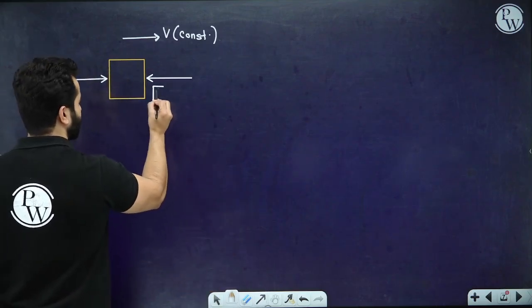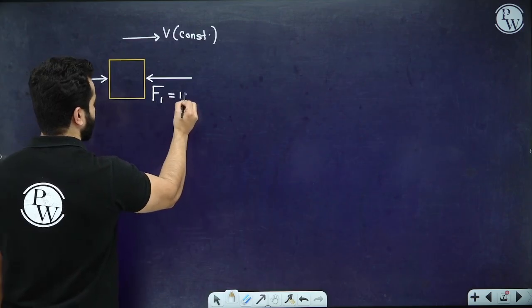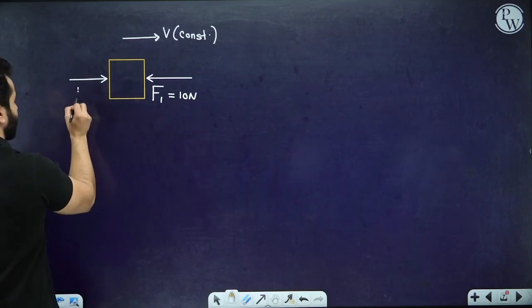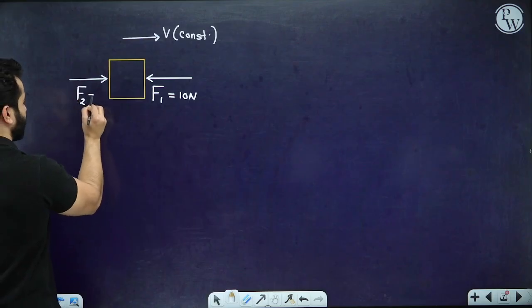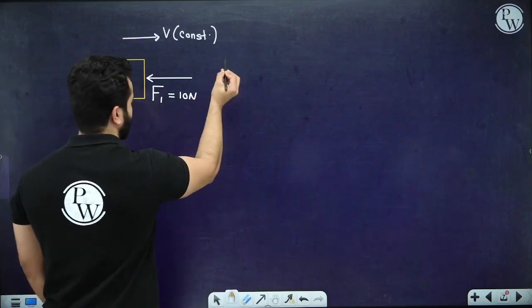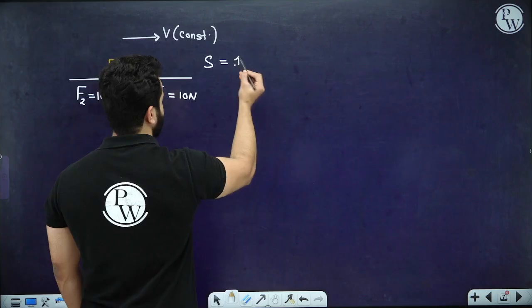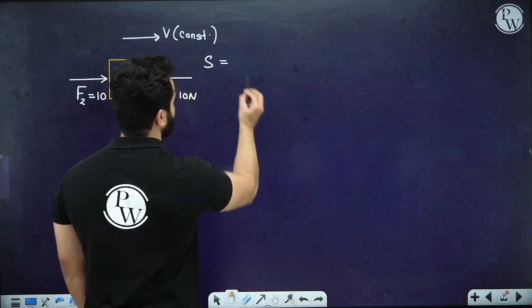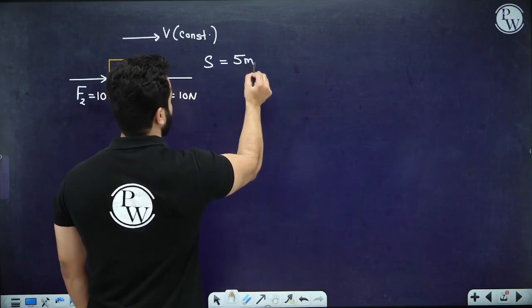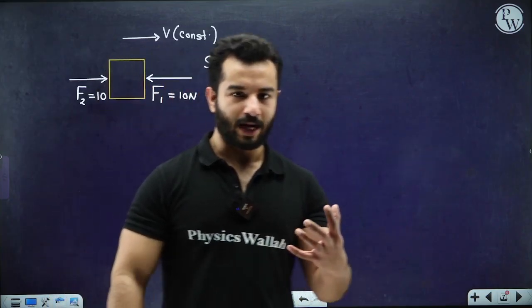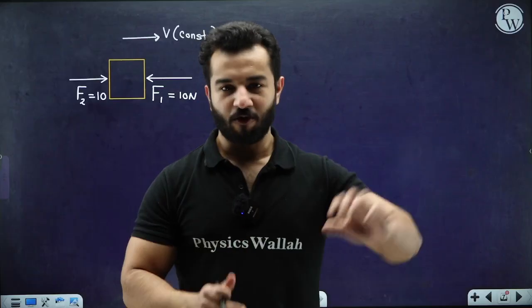This is F1 equals 10 Newton and this is F2 equals 10 Newton. And we are assuming that the displacement of this body is, let's suppose, 5 meters. So we want to calculate work done by these forces after 5 meters, right?